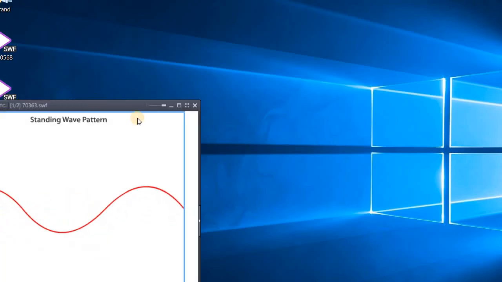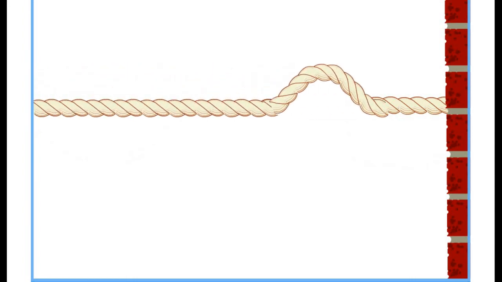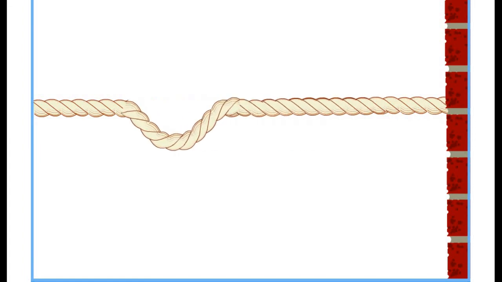A standing wave is a wave pattern that appears to be stationary. The pattern is caused by two wave phenomena, reflection and interference. Wave reflection is caused by a wave encountering a barrier it cannot pass through. When the wave strikes the barrier, it is reflected back and is turned upside down, that is, it is inverted.